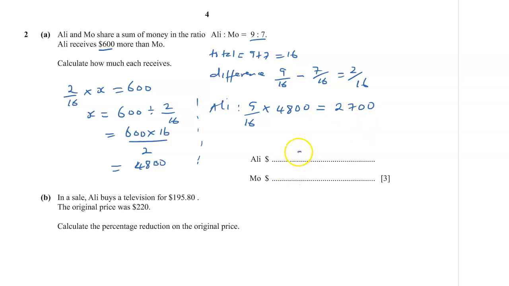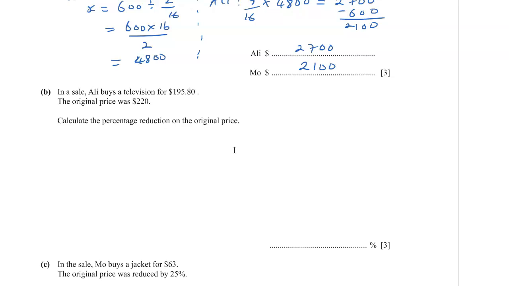So Ali got 2,700, and if he receives 600 more, then Mo gets 2,700 minus 600, which is 2,100. 2,100 right there.